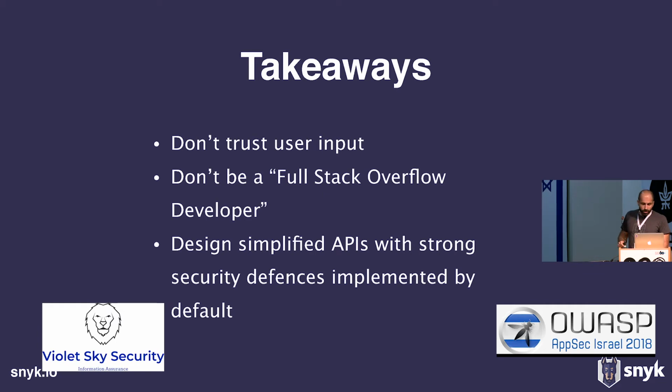And so just to summarize several takeaways, obviously don't trust user input. That's an easy one. Don't be the full Stack Overflow developer. Don't just blindly copy-paste code from Stack Overflow. Use that resource, learn from it, try to understand the problem better. But try to avoid just taking code you don't understand.